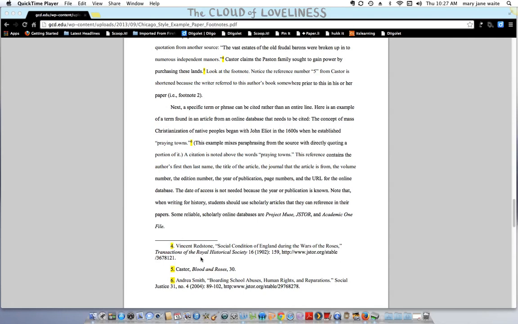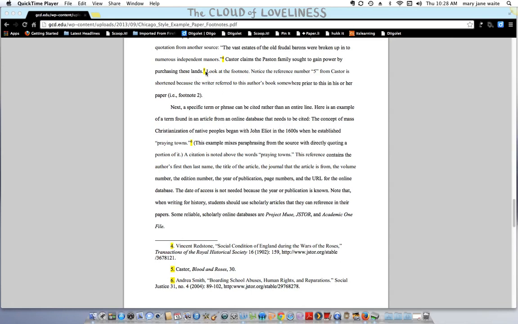Remember, when you use the author's name at the foot of the page, you are using first name, then last name. And we have that full citation, and looking at this information, it looks like a website. However, because I know JSTOR, it is a database. All right, so let's move on to the next citation.